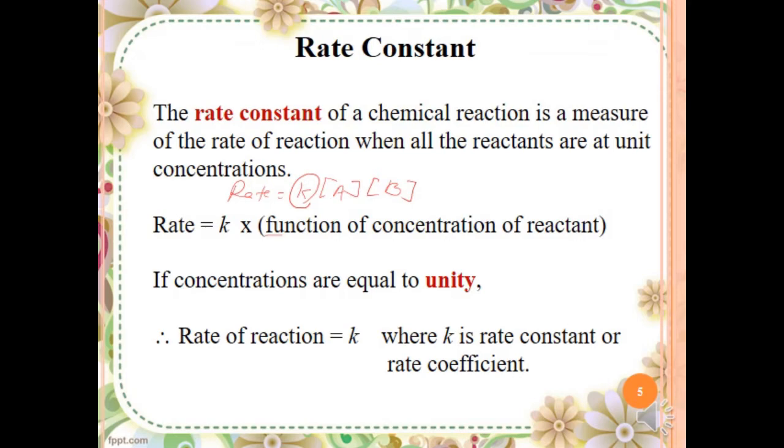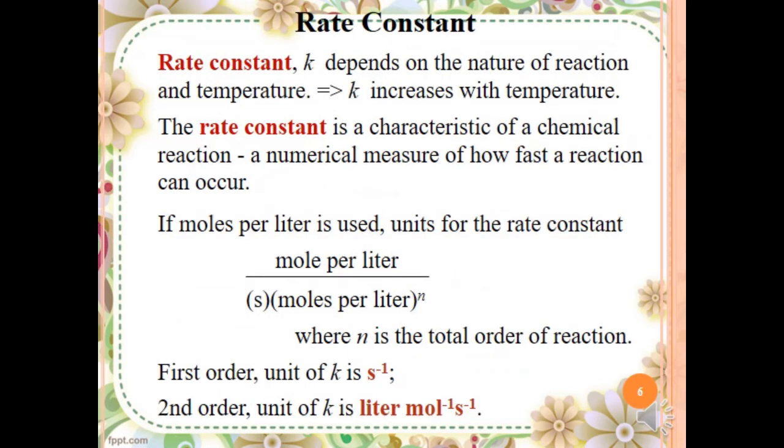If concentrations are equal to unity, the rate of reaction equals K, where K is the rate constant or rate coefficient. Now the rate constant K depends on the nature of reaction and temperature, and normally K value will increase with temperature. And the rate constant is a characteristic of a chemical reaction, so it is a numerical measure of how fast a reaction can occur.